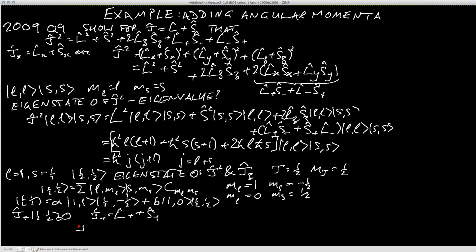So we have J plus on a half a half is going to equal L plus plus S plus acting on B 1, 0, a half, a half, sorry, wrong thing there, that should be a B, not an A, plus A 1, 1, a half minus a half.